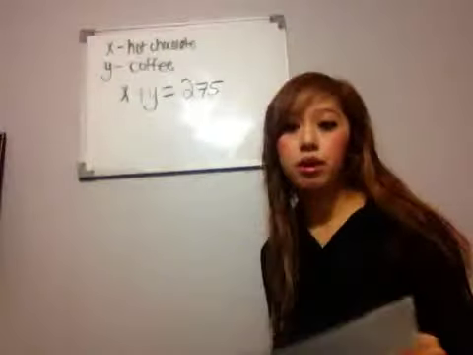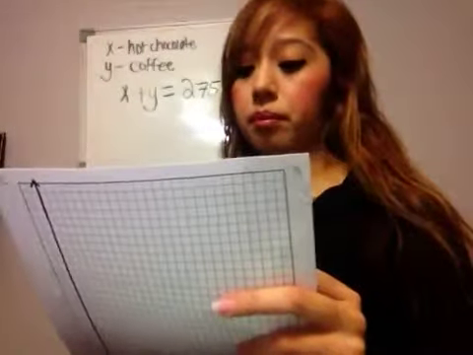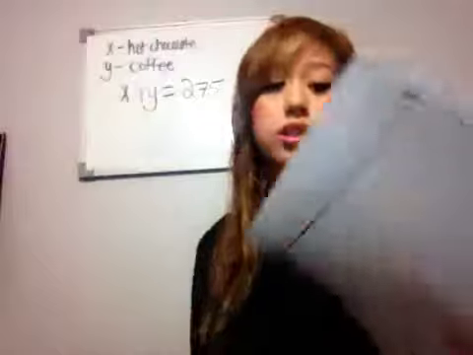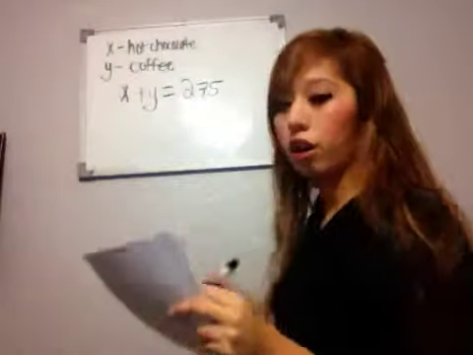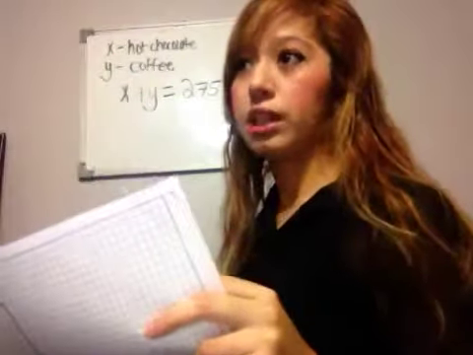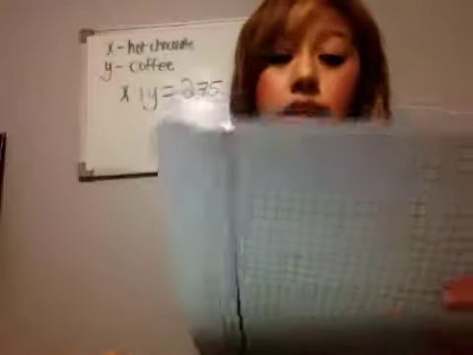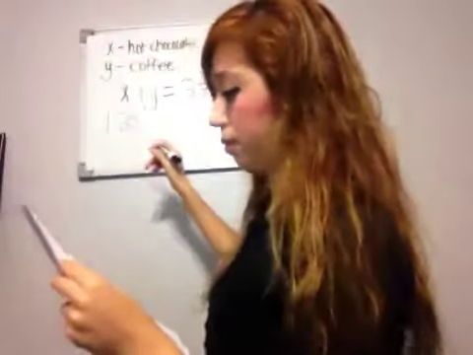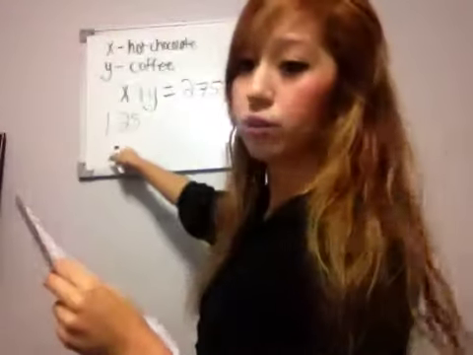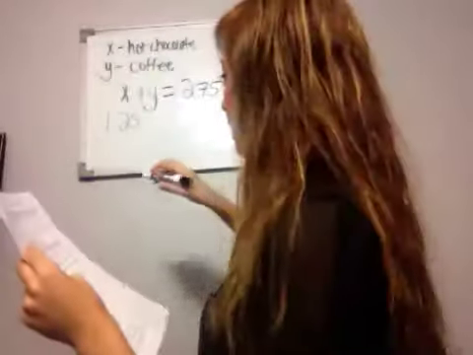Very good. Now, for the next equation, you want to know the cost. So, how much did hot chocolate sell for? Yes, $1.25, very good. So $1.25 was for hot chocolate.